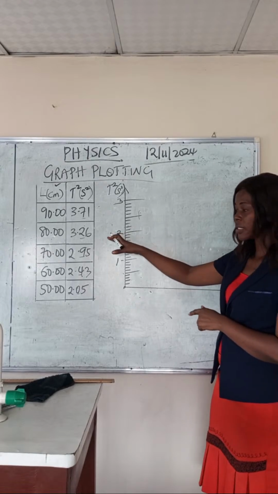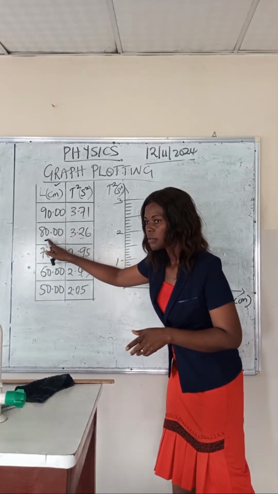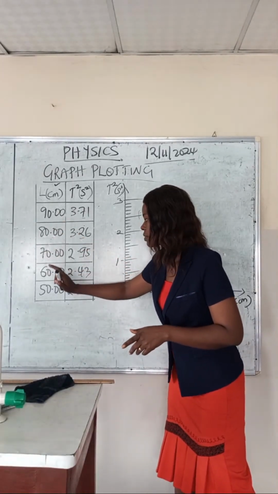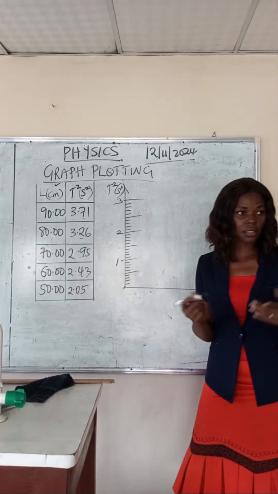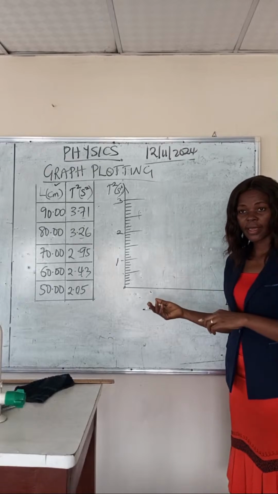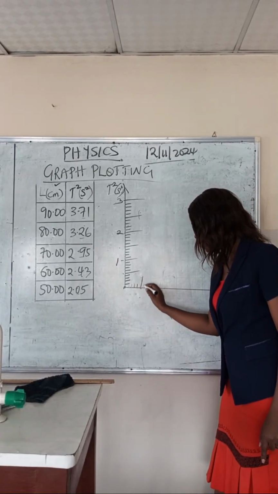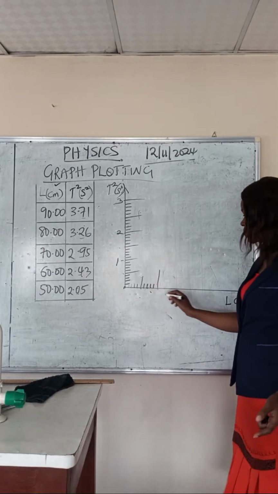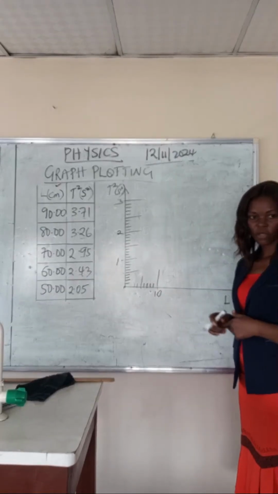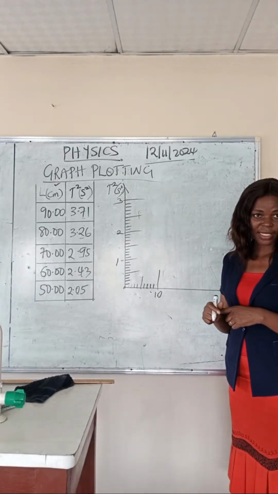This is 90, 80, 70, 60, 50. We can decide to choose 2 cm to 10 units by saying 1, 2, 3, 4, 5. I can decide to say 10. But looking at the space you have, the 10 might not accommodate up to 90.